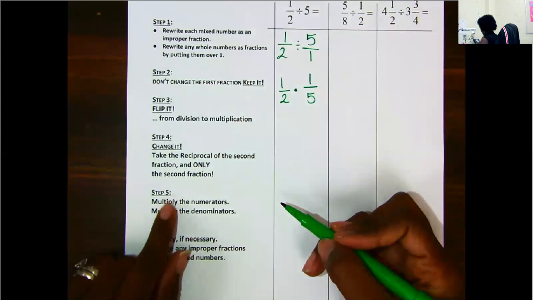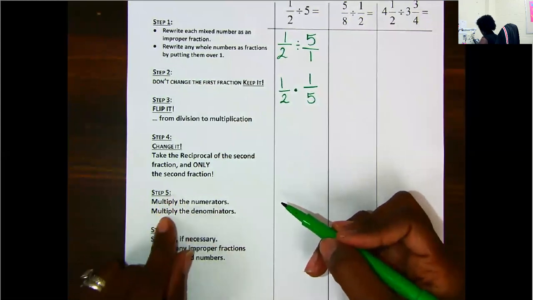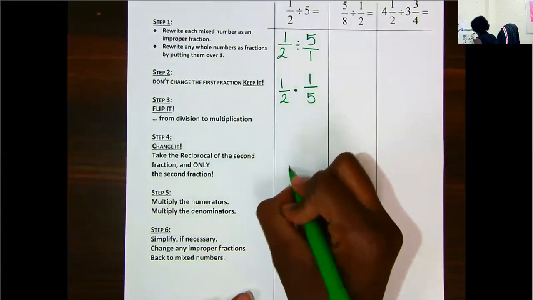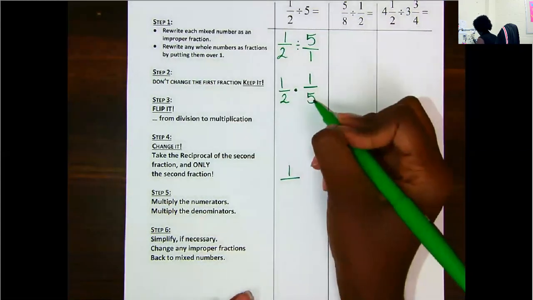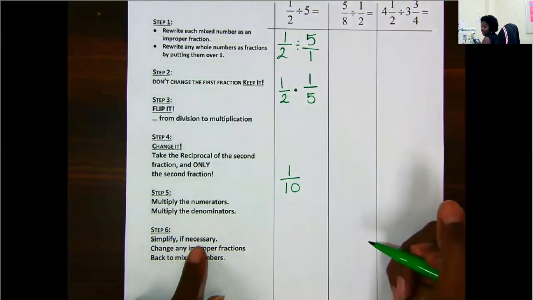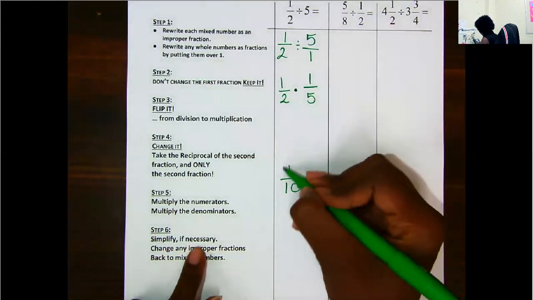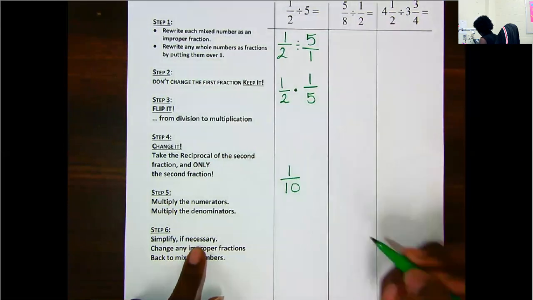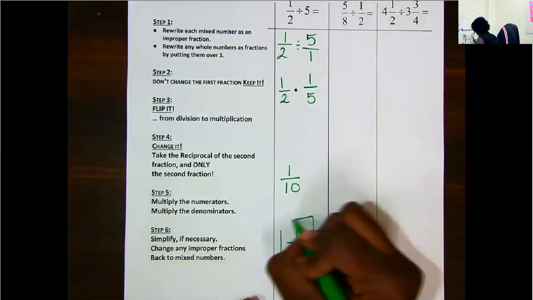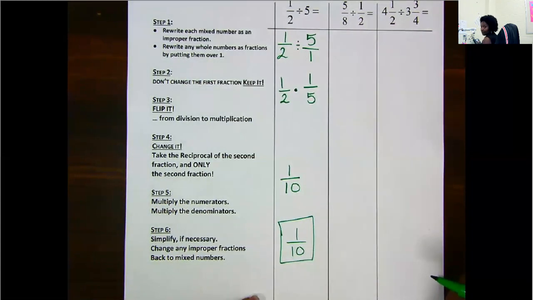Then it says step 5, multiply the numerator, multiply the denominator. 1 times 1 is 1. 2 times 5 is 10. Simplify if necessary. I already have a 1, so I know I can't go any lower. So 1/10 is my final simplified answer.